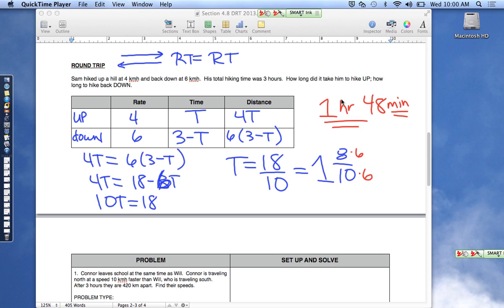That represents his time up. And when I subtract that from 3 hours, his time coming down would be 1 hour and 12 minutes. So just make sure that when the variable is t, you interpret it into something that makes sense in the real world.